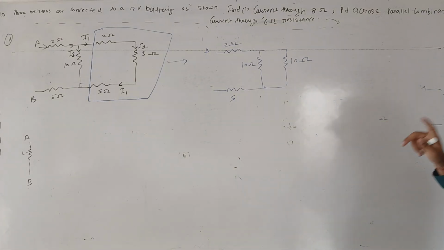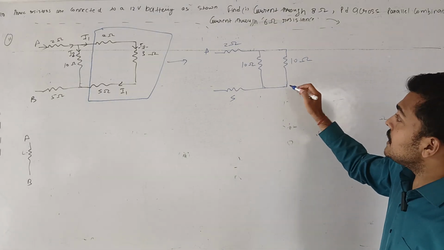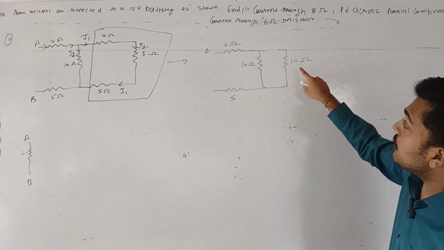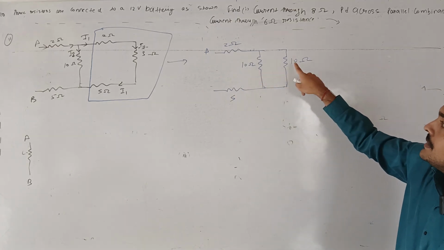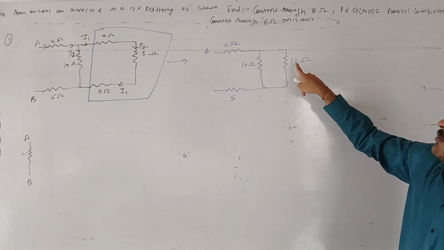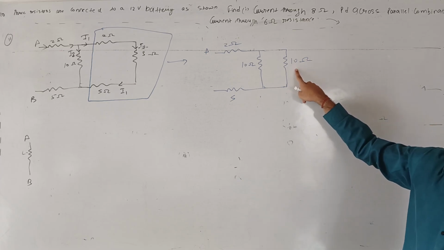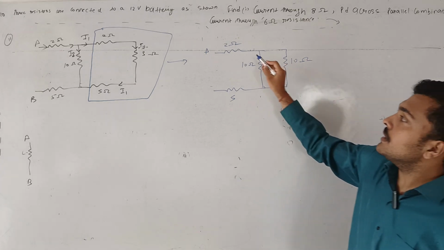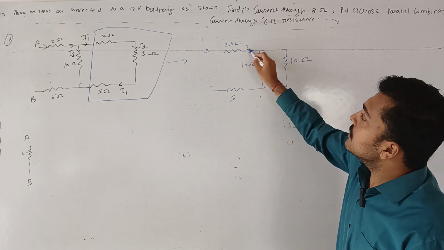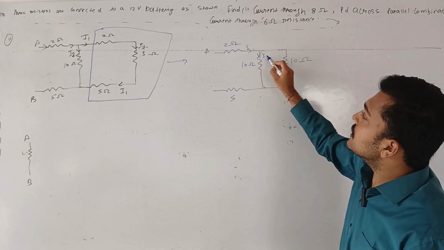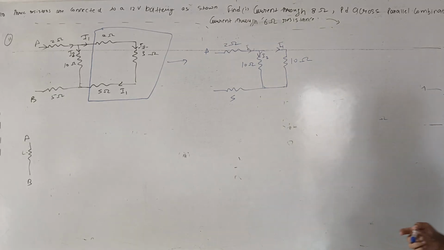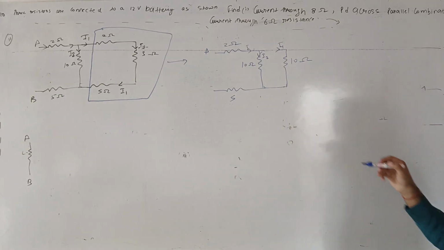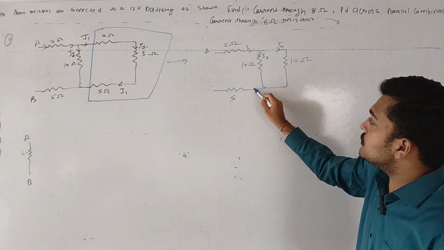Now after we have found the equivalent of 2, 3 and 5, we can see clearly that this 10 ohm resistance and this 10 ohm resistance are both parallel to each other. Why? Because if current I is coming, I1 will go here and I2 will go here. The current is different, but the potential drop across both is the same, because both ends are directly connected to the same point.